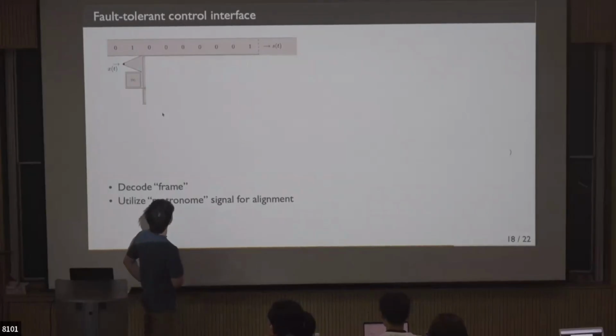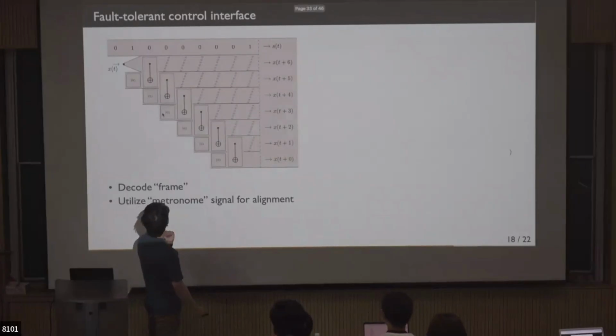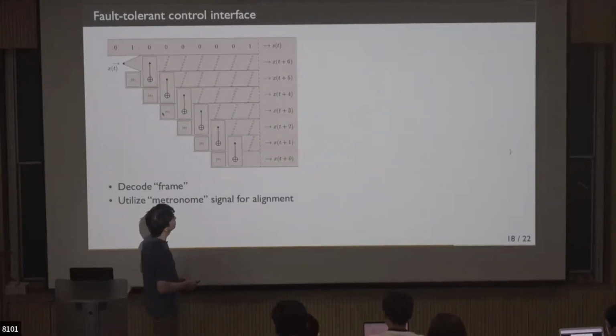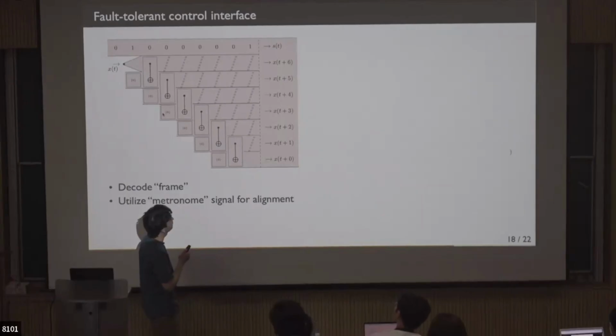I need to be looking at a window of size the block length of my program code. So I copy the value, skip over one, copy the value, skip over one, and so on, such that I'm looking at a bunch of consecutive values of the initial program sequence. And I know that I'm looking at the correct frame whenever this metronome is 1.